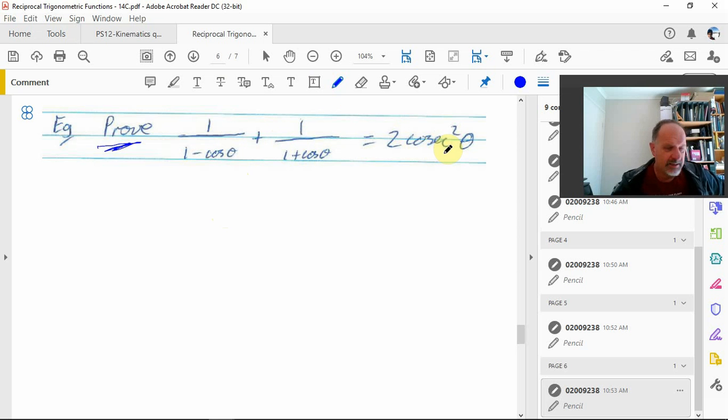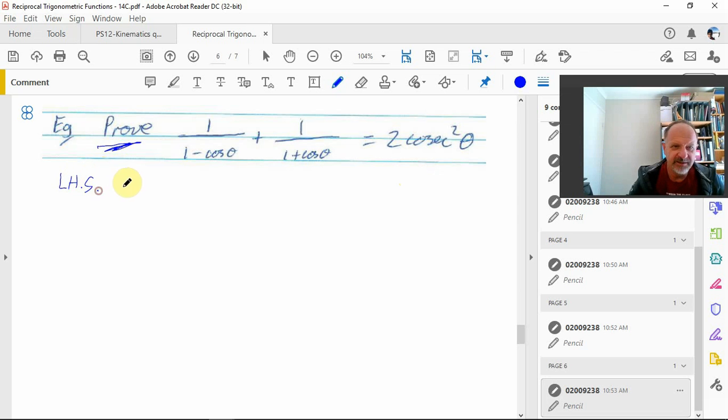All right, so the way we set out proofs is also technical mathematical stuff. And because we're in specialist mathematics, we need to learn about our technical mathematical stuff. So what we do is we say, right, where am I starting? I'm going to start with the left-hand side.